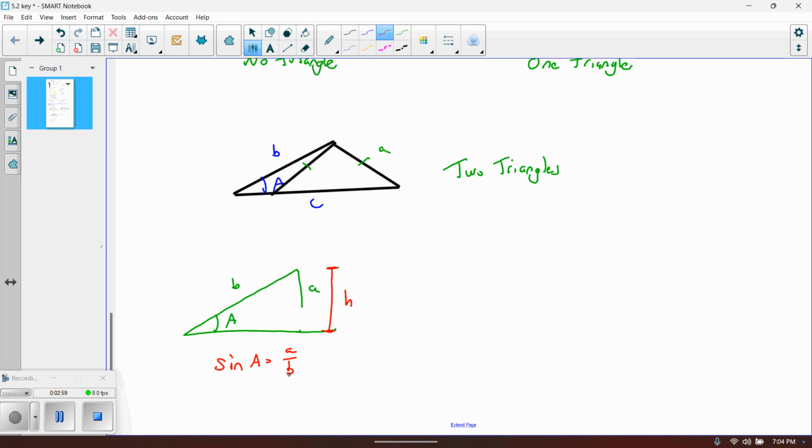If I multiply both sides of this by lowercase b, I would get that lowercase a is b times the sine of A. In order for us to have a triangle, because this would really represent your height, a has to be greater than or equal to that height to have a triangle. So this is the criteria.